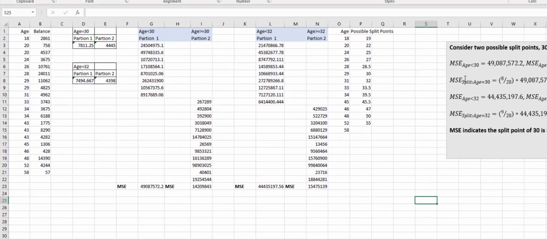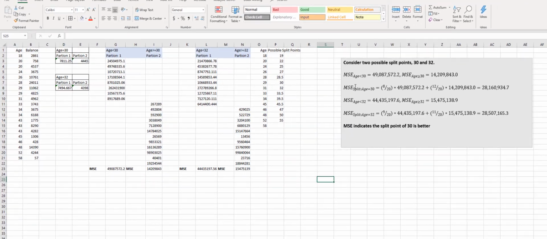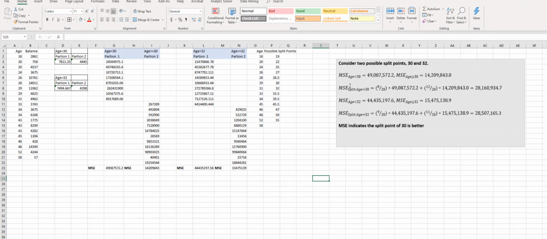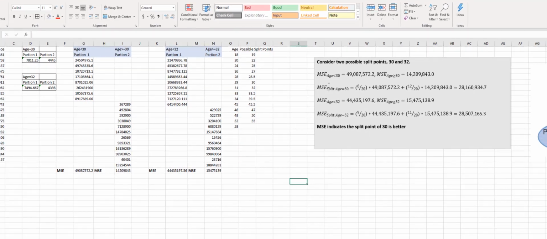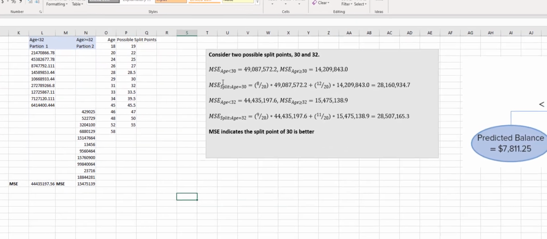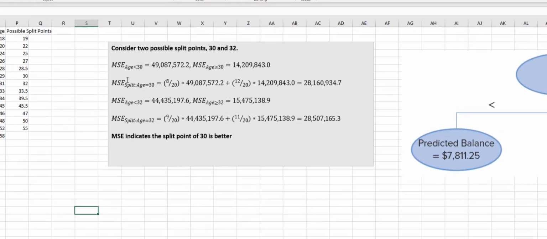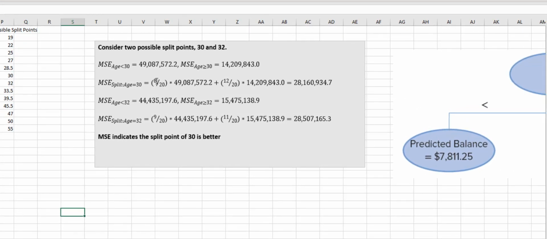To compute the overall mean square error for the split, we calculate the weighted combination of the mean square errors using the percentage of cases in each partition as the weight. So for the first partition, we have 8 divided by 20 times the mean square error for the first partition plus, and here we have 12 over 20 because we have 12 observations in the second partition, times the mean square error of the second partition.